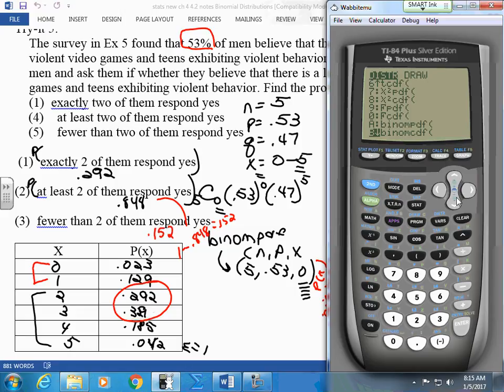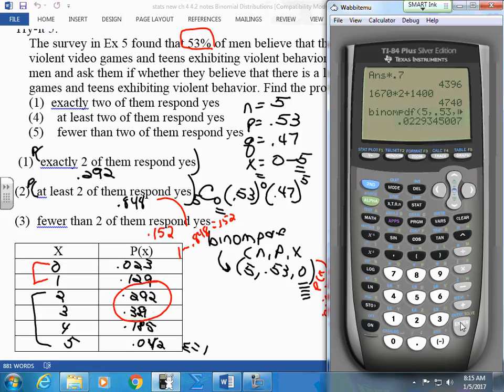We want the PDF, probability distribution function. So we come here, and it prompts you. Do you have this on yours with the prompt? Okay. So you're going to put in 5. You're going to say your probability is 0.53. We always measure our successes. And we're just going to start it at the 0. And then you paste. So when you hit this, it'll give you your probability.